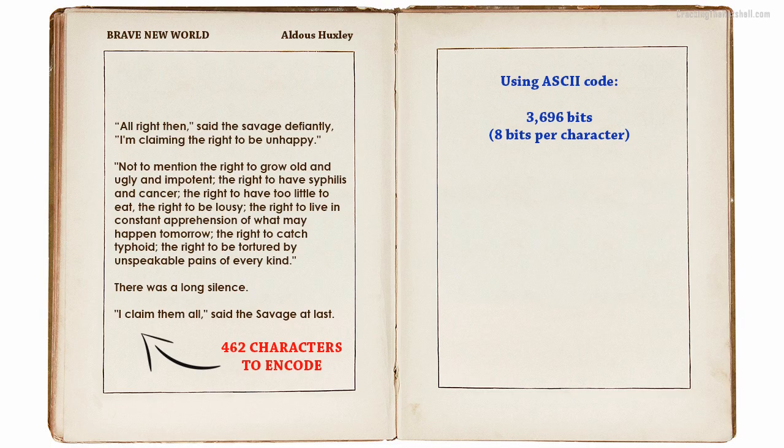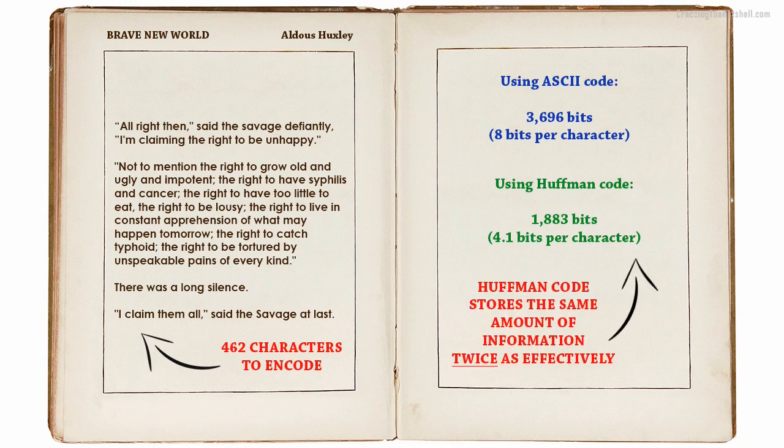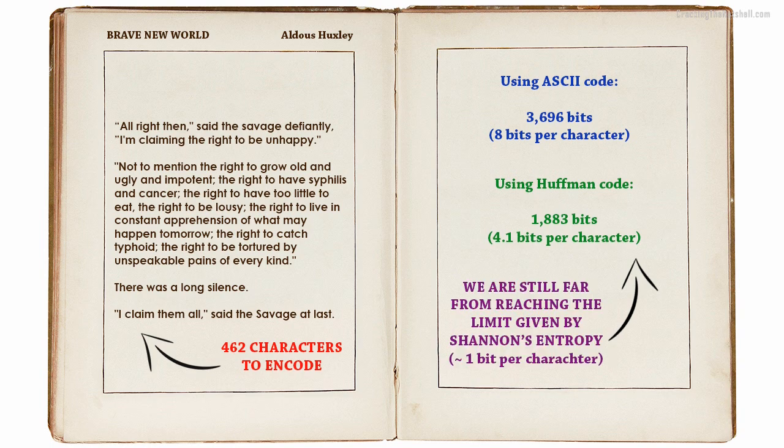However, if we use Huffman code, we will only need to use a total of 1,883 bits, an average of about 4.1 bits per character. So we see that by using Huffman encoding instead of ASCII, we can store the same amount of information but twice as effectively.